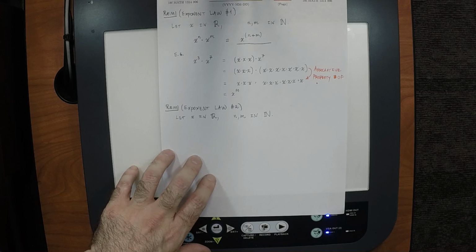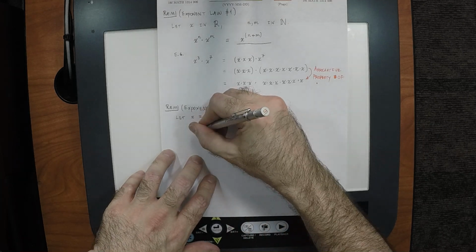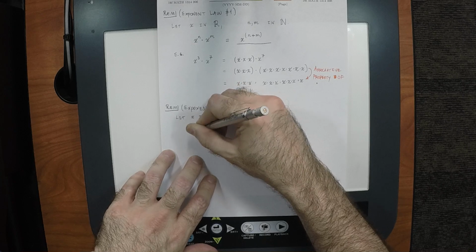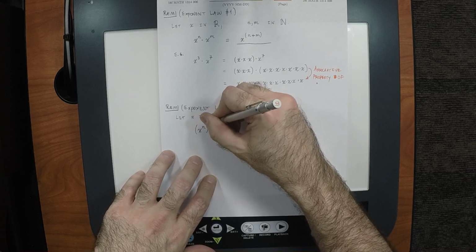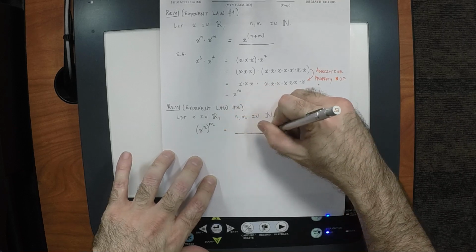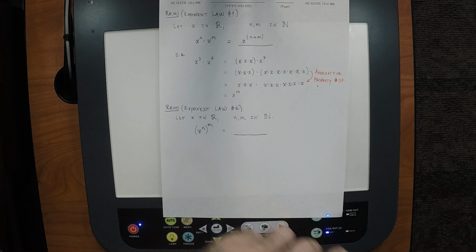But you're going to have to do it the long cut way at least once on an exercise. So specifically, x to n, in parentheses, and then raise all that to an m. And the question is, I'm going to write myself a blank right here that I'm going to fill in, and we want to figure out how we can rewrite this.